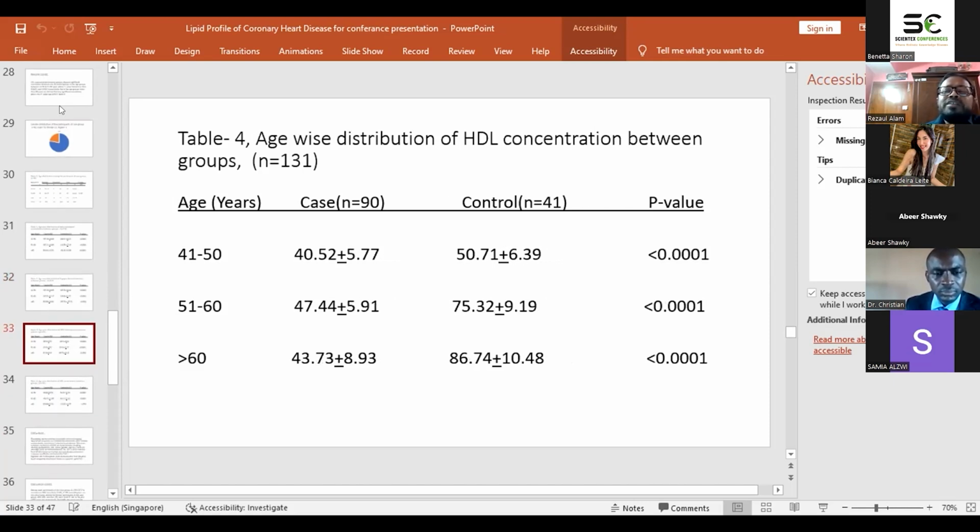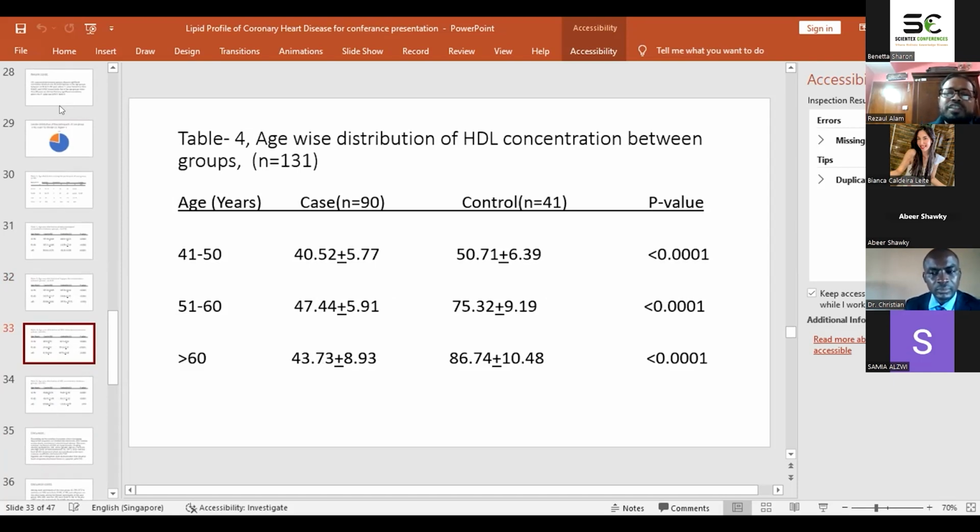Age-wise distribution of HDL concentration between groups. Here we see the age between 41 to 50 years, where the HDL concentration was 40 in cases, and the control group was having 50. This is a significant p-value. Between the age group 51 to 60, the HDL concentration is 47, whereas the control group having 75.